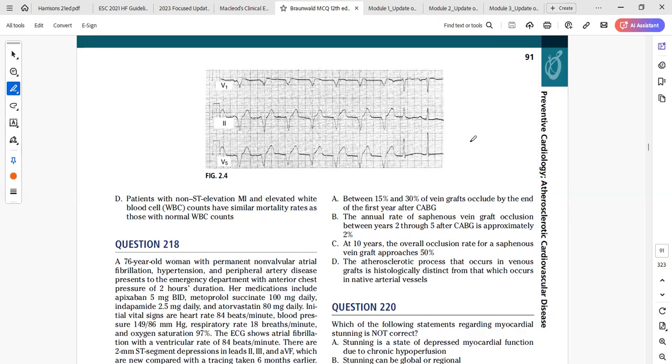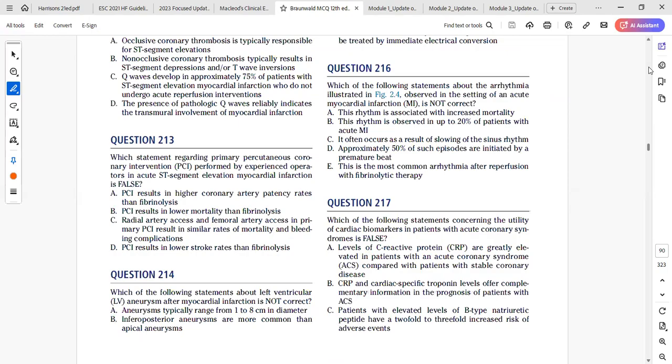So with this background, I'll go back and answer the questions. Can you scroll up? So option A says this rhythm is associated with increased mortality. It's mostly benign, and the only time it doesn't resolve spontaneously is when it's complicated by hemodynamic instability.